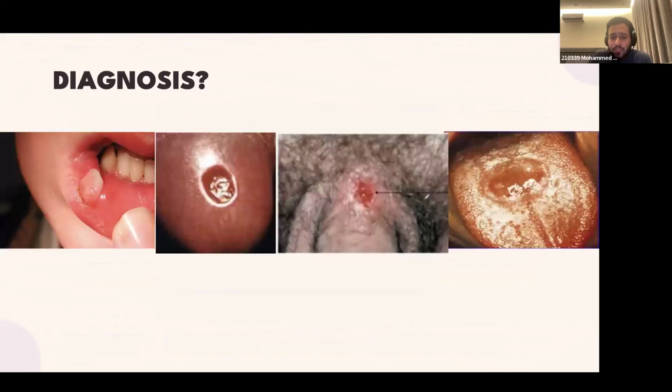Now you have this patient who has an ulcer that's located in multiple areas, but usually a genital ulcer. Good, syphilis. What's the organism causing syphilis? Treponema pallidum. Good.